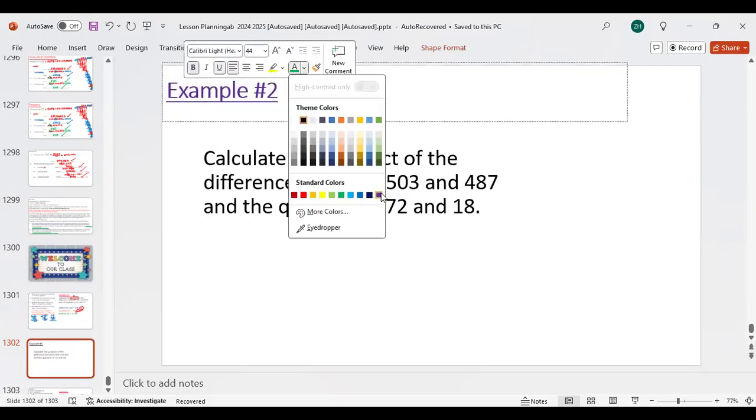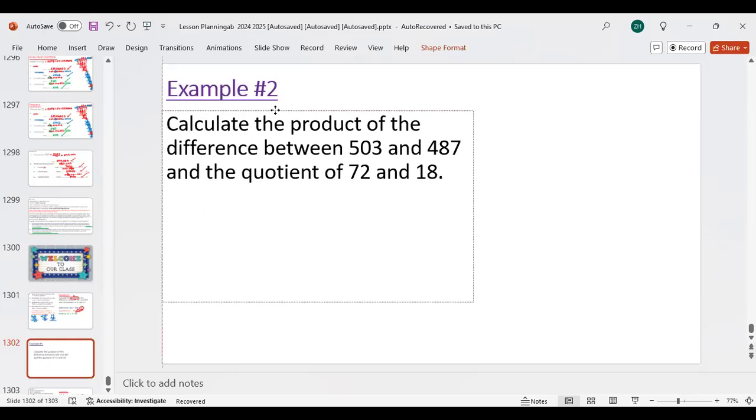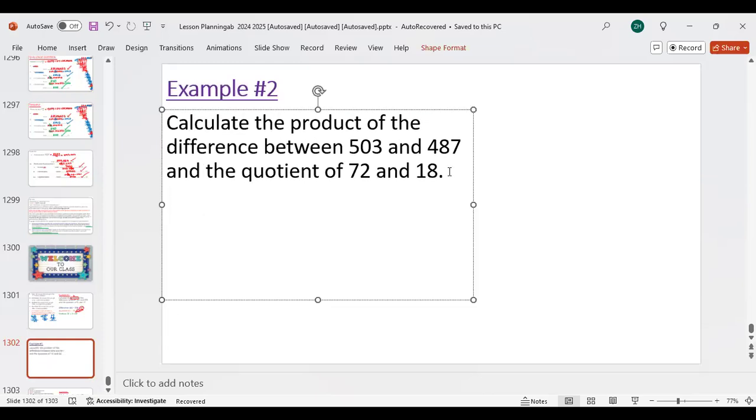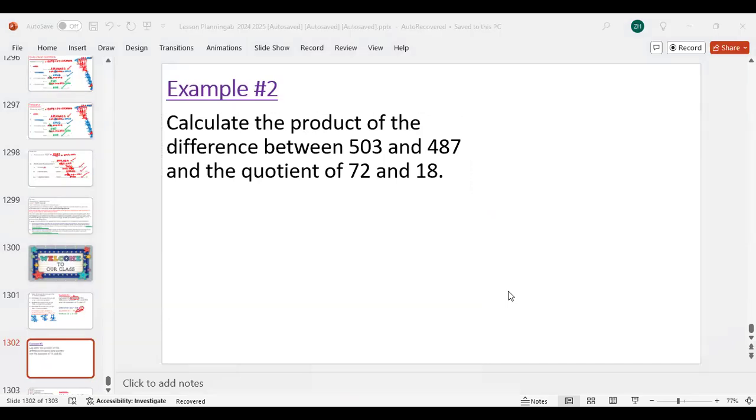Okay, so for something like this, what's the first thing that we're gonna do? Look for the difference. Find the difference, right? Now, when we say difference, what do we mean? Subtraction.